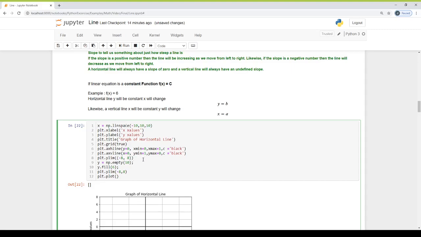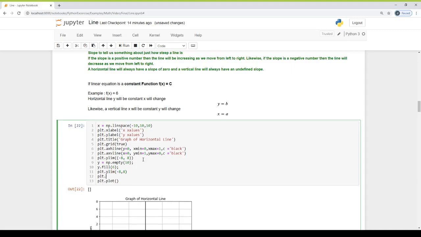To draw a horizontal line: np dot empty, y dot fill 6, plt dot ylim, and plt dot plot x and y.